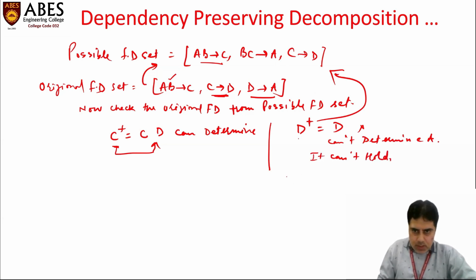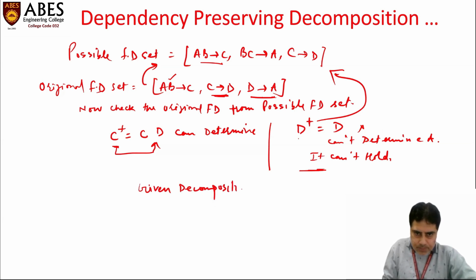So we can say that if any of the functional dependency set cannot be determined from the possible functional dependency set, then the given decomposition is not dependency preserving decomposition.